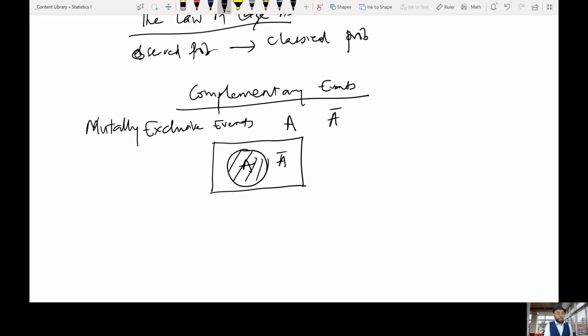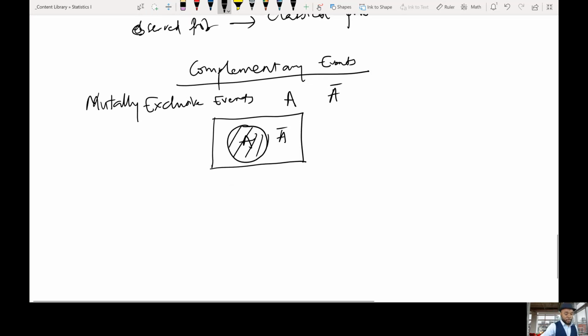All right, let's look at other examples. Another example could be rolling a die. Let's say the event here is rolling a 5. What's the complement?